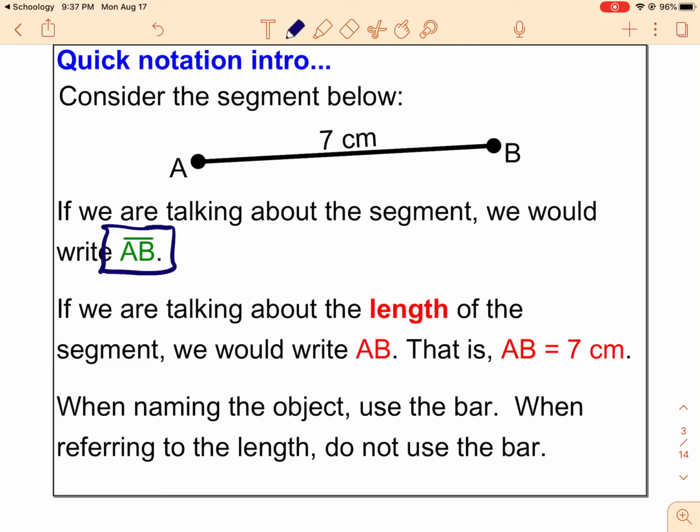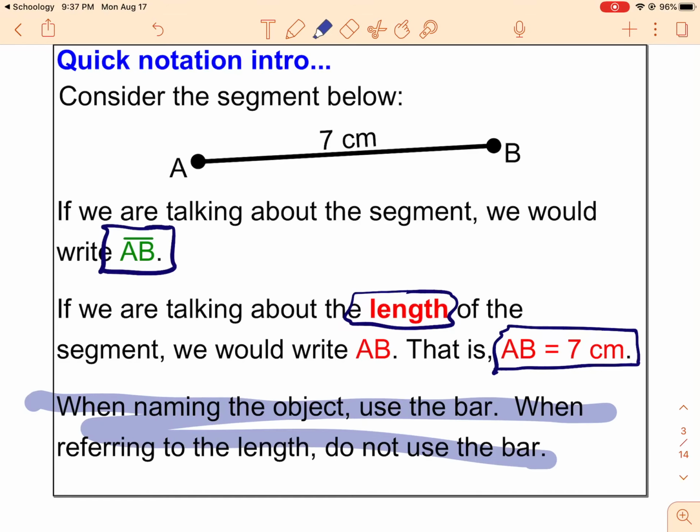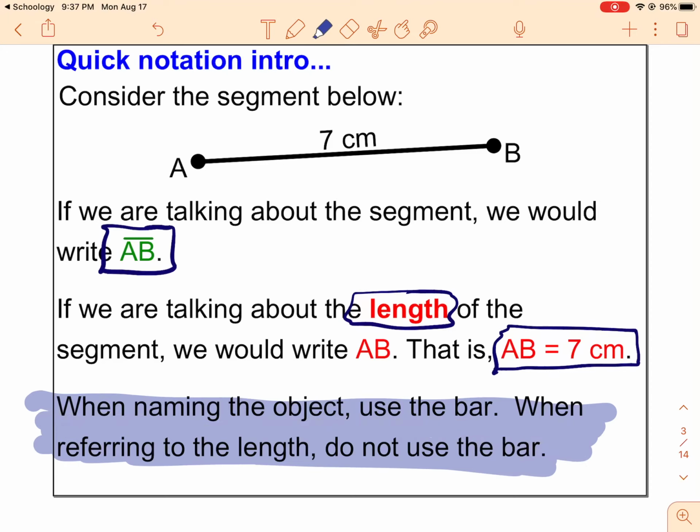If we're talking about how long that segment is, so the length of it, we don't put the line above it. We would just say AB is 7 centimeters. So when naming the object, you use the bar, but when talking about the length, we don't.